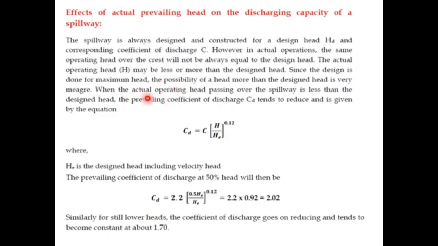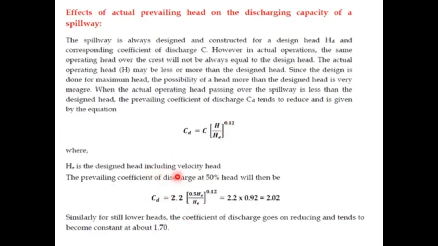When the actual operating head passing over the spillway is less than the design head, the coefficient of discharge tends to reduce, which is given by this formula: C times (H by Hd) to the power of 0.12, where Hd is the total design head including the velocity head, and H is the operating head.